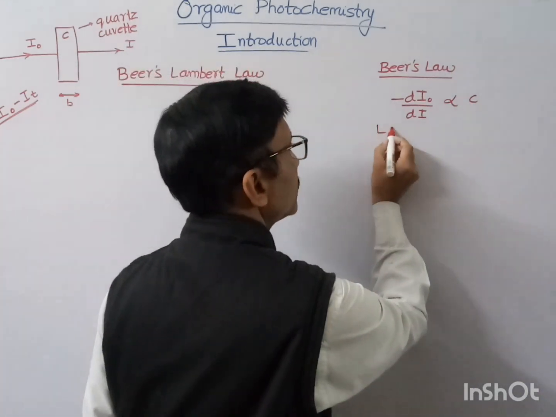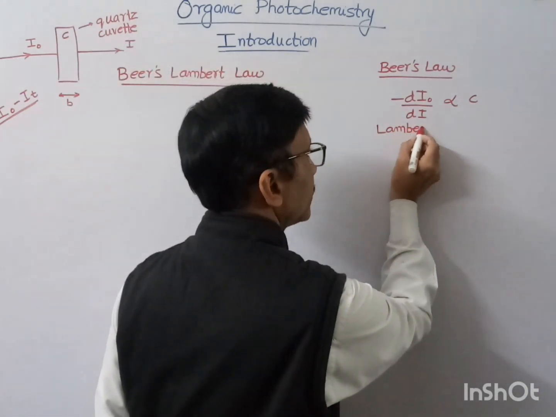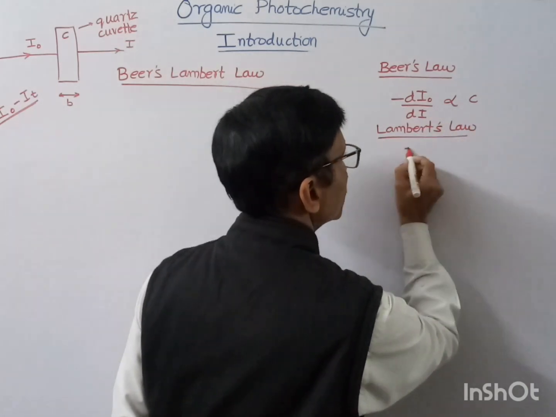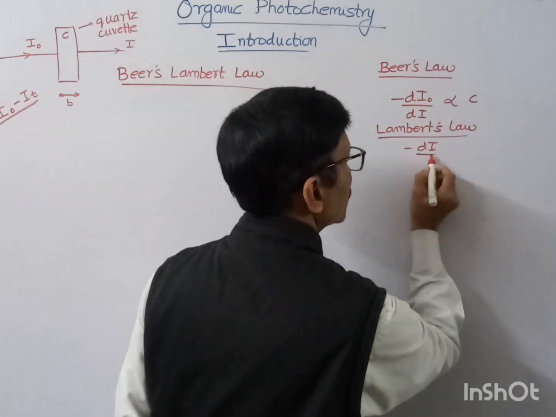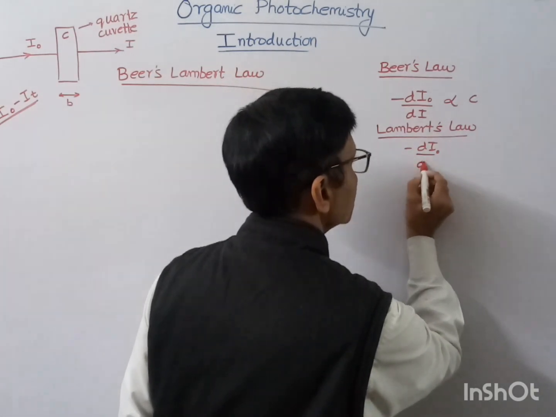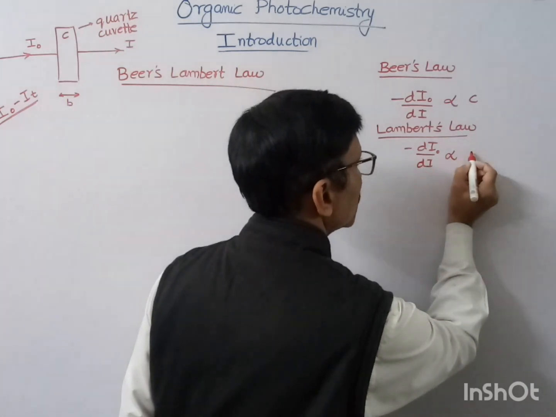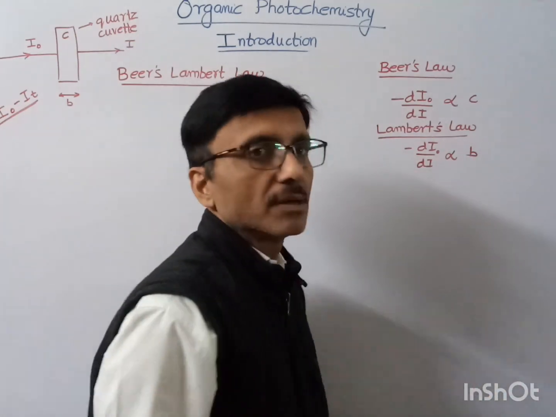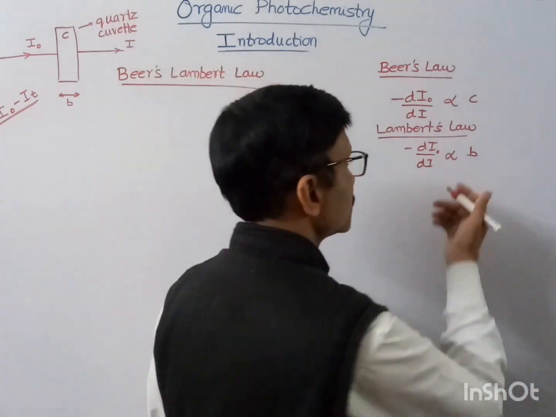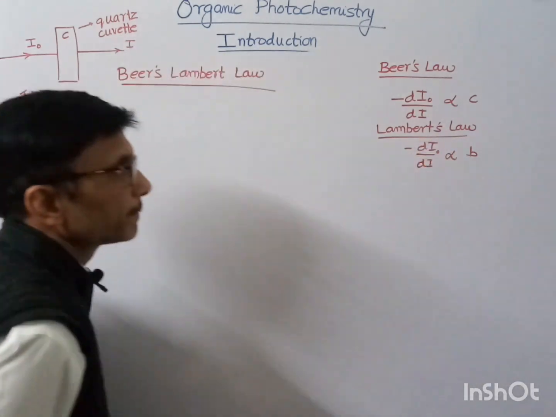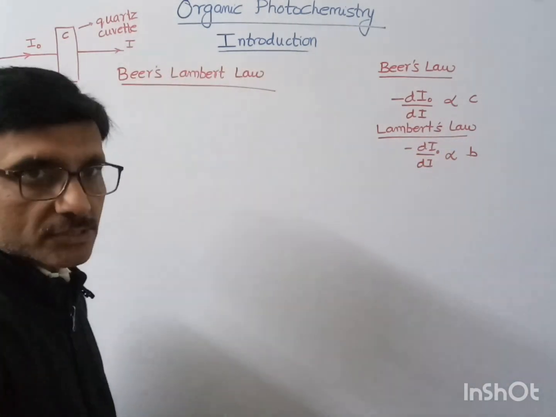Whereas according to Lambert's law, the decrease in intensity of light is directly proportional to the path length. Suppose we write b as the path length, or we write L as the path length. So these are Beer's and Lambert's laws separately.